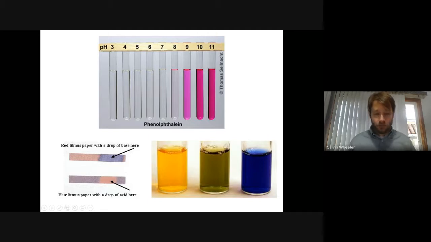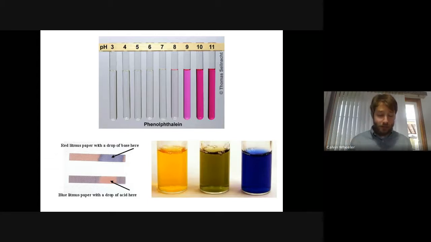The last indicator I've included is litmus. Litmus comes in two forms, red litmus and blue litmus. And we could determine whether we have an acid or base by using a strip of litmus paper.